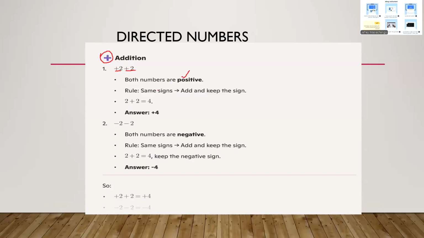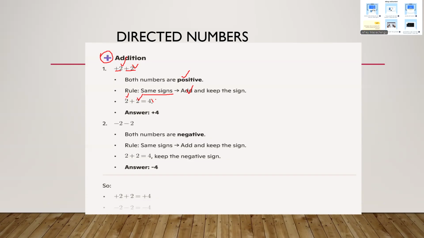Then the rule is if signs are the same, so in this case, the signs are the same, what do you do? You add the numbers. So you are going to do normal addition, the grade 7 addition, where you add 2 plus 2. Here I did it for you. 2 plus 2, what do you get?